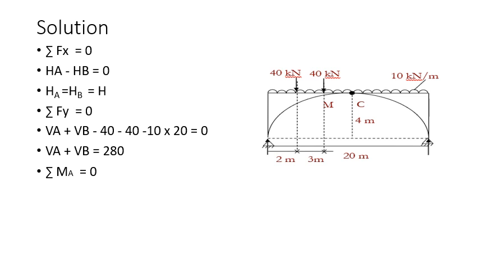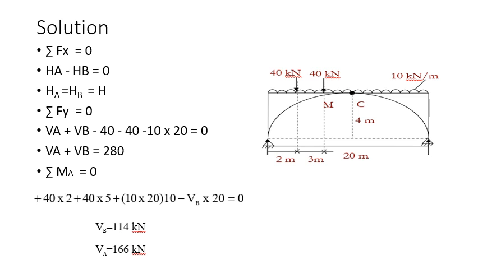Plus 10 into 20 into 10 plus 40 into 5 plus 40 into 2, right? So we get VB as 114 kilonewton.